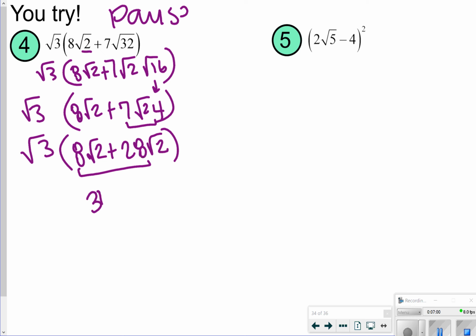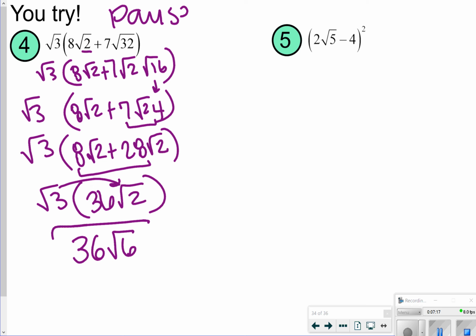It's going to make 36 square root of 2 times the square root of 3. And then I'm going to multiply my square root 3 times my square root of 2. So I have 36 times the square root of 6. No need to multiply the square root of 3 times 36, because then you'd be able to simplify that and it'd be right back to 36 as your answer.